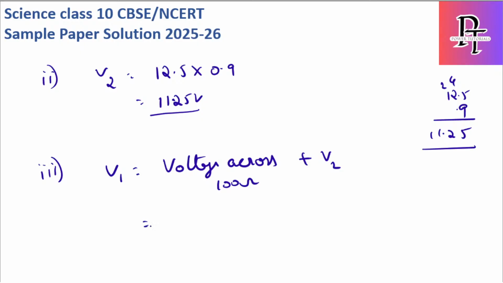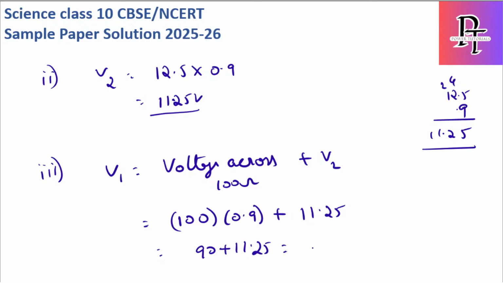What is the voltage across 100 ohms? Resistance is known, which is 100, current we know, which is 0.9, plus the voltage we already got, which is 11.25. 100 into 0.9 is 90. So 90 plus 11.25 is 101.25 volts, the voltage across V1.